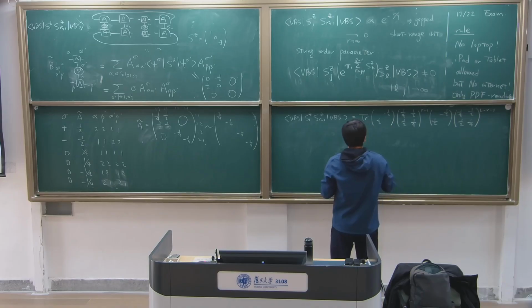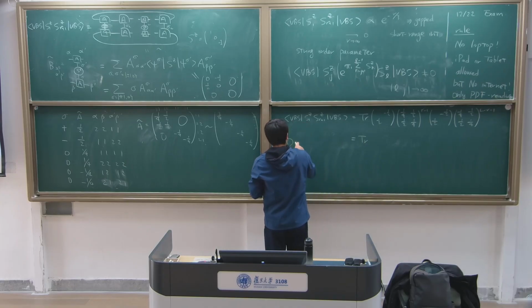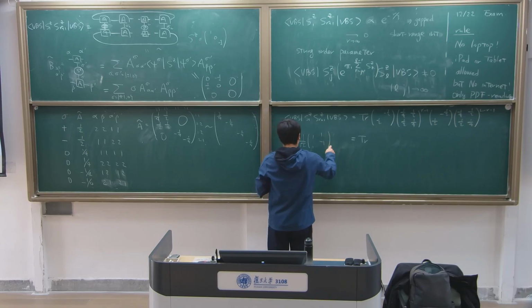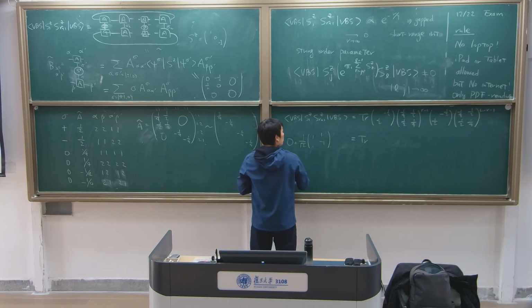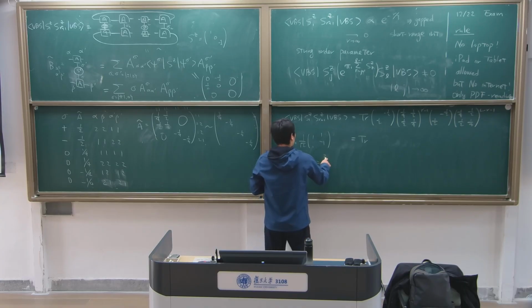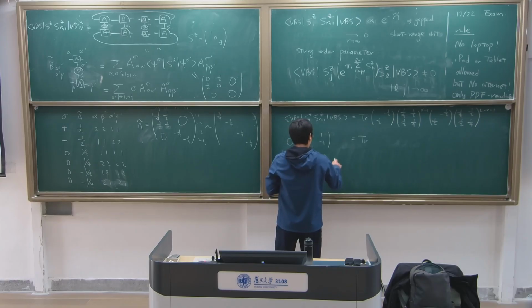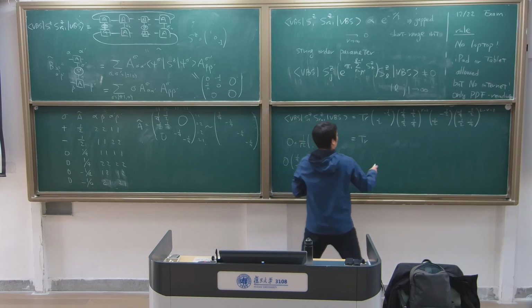If you diagonalize it, what's going to happen is as follows. O is something like first 3, 1, 1, 1, then O on 4, and 1 half, 1. 4 is equal to 3 over 4 minus 1. So you just diagonalize.